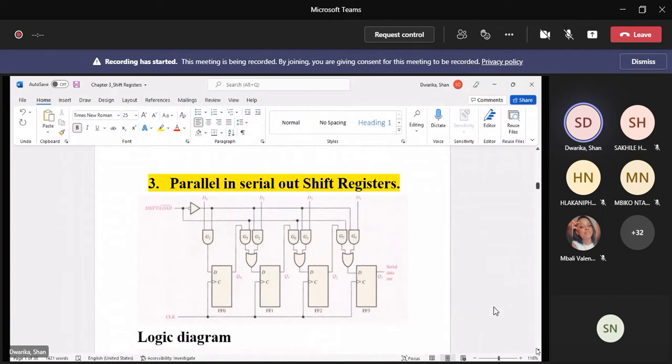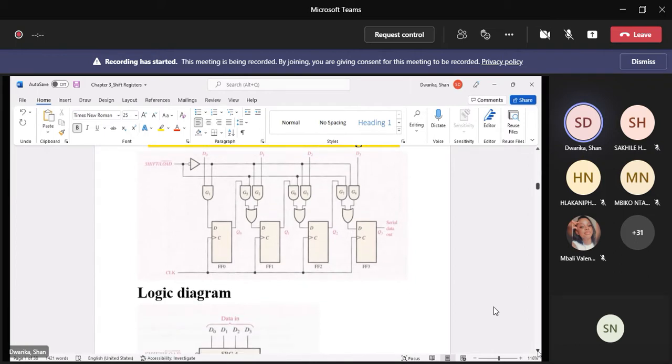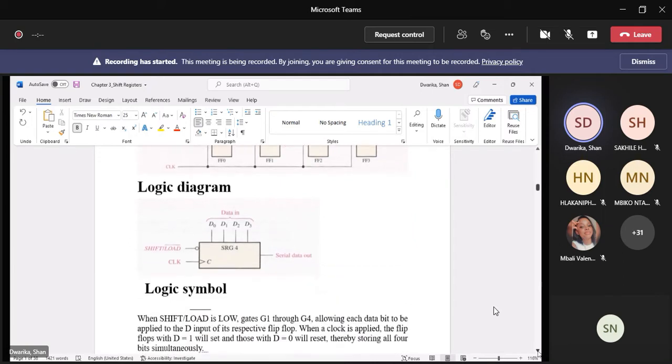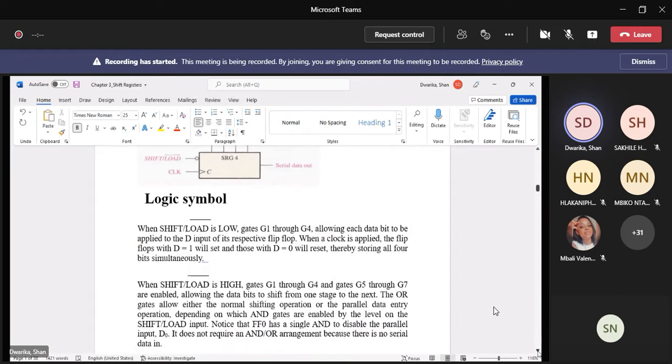So it's called a parallel in serial out shift register. Parallel meaning 4 bits of data D0, D1, D2, D3 are presented at the input, and by the shift load activity, we can then clock all of that serially out. And there's the logic symbol.